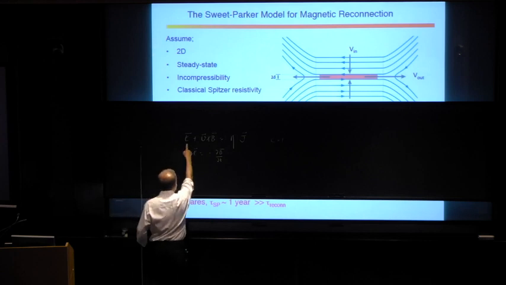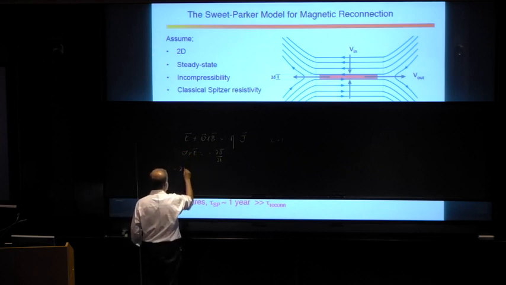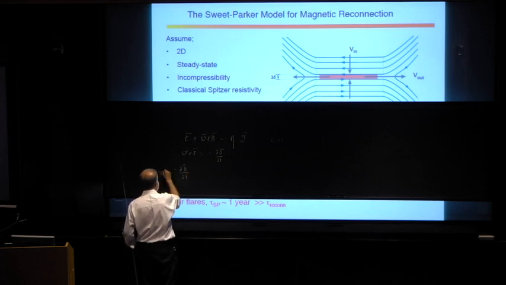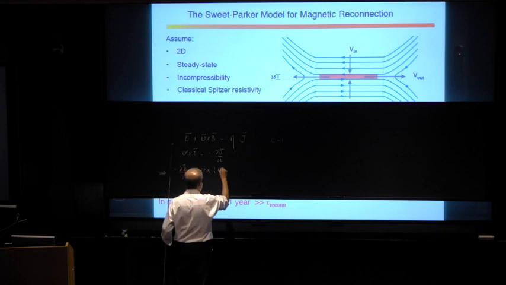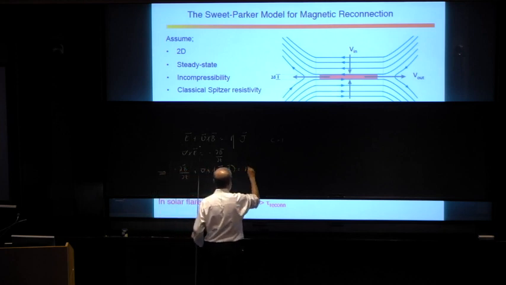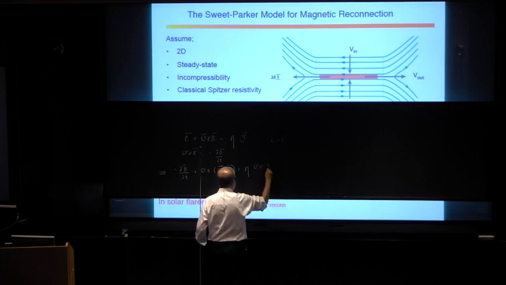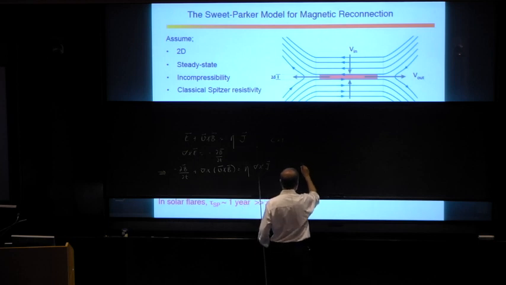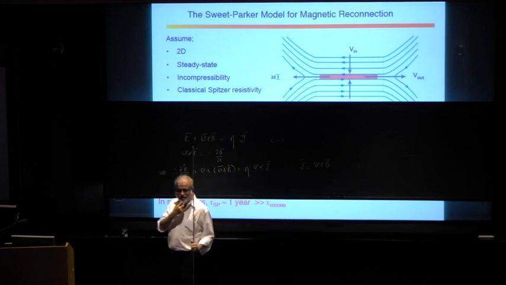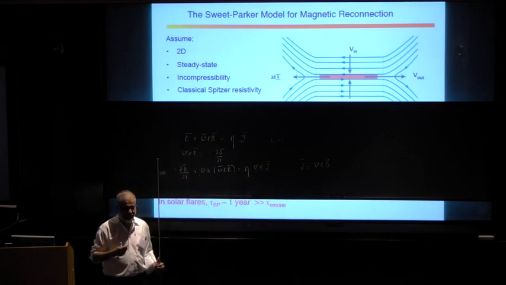So if I take the curl of that, I'm going to eliminate E from the problem by taking the curl of this equation. But J, let's write it simply as curl B. For those of you who are very fond of CGS, you can always put in 4 pi over c and all the factors you want.